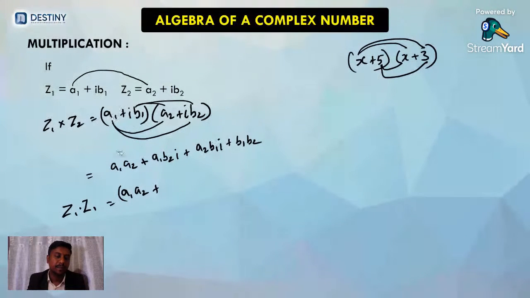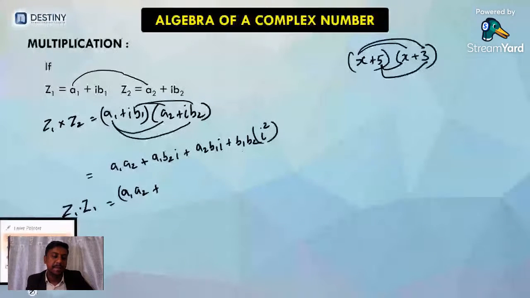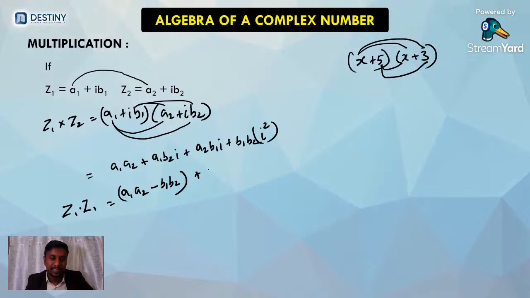So first a to a to b, I have written, okay. b1 b2 into i square, it will become i square, so it will become minus 1. So here instead of writing plus, I have to write minus b1 b2, plus i is common, right? a1 b2 plus a2 b1.